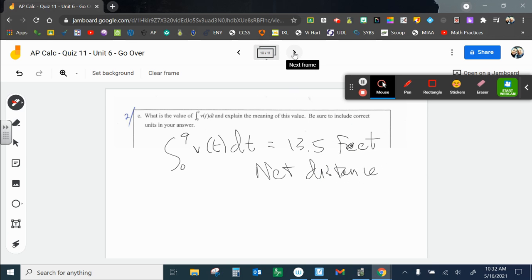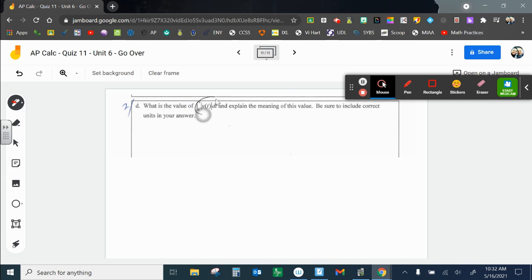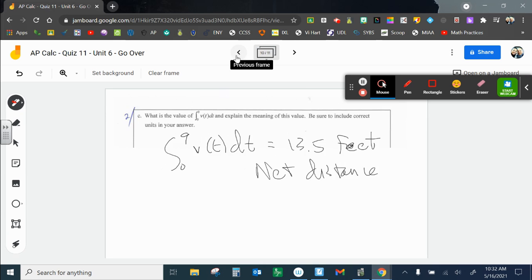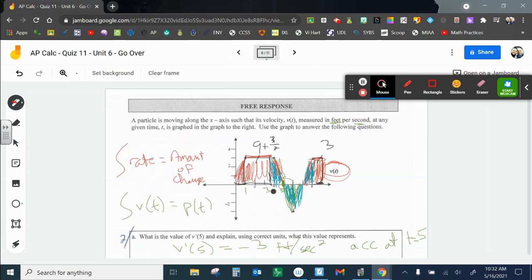And now when I come back here on D, when they have this, now I want the total amount of change. And so what the absolute value does is tell us that the negative part down here is now going to be included. And let me do this in blue. So this was 3 halves.